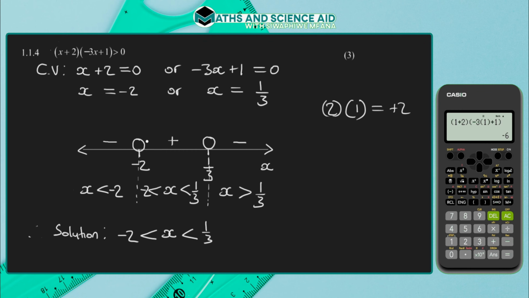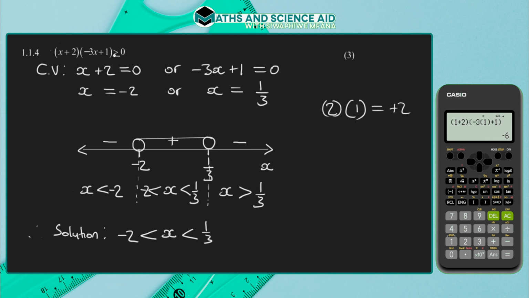You must also show this in the diagram, as I had already done, by showing a line from -2 to 1/3. This line is showing that the solution to this inequality is x must be greater than -2 but less than 1/3. Sometimes you can have, for example, greater or equal to here.